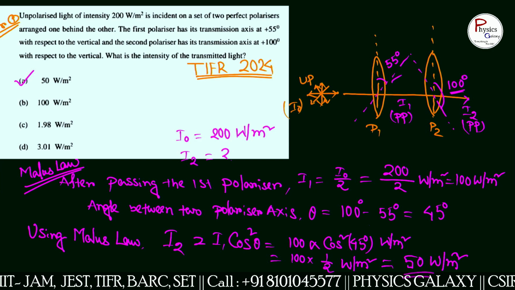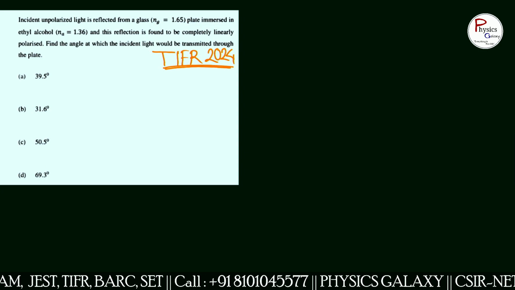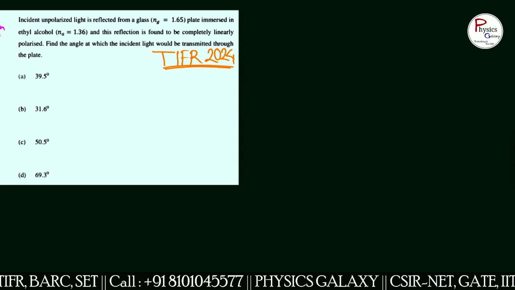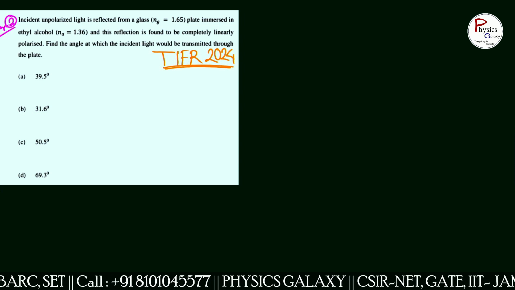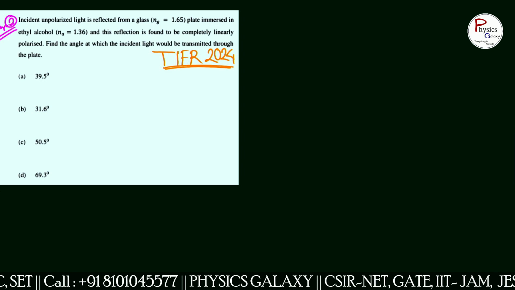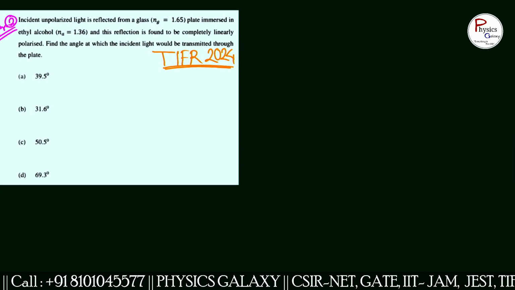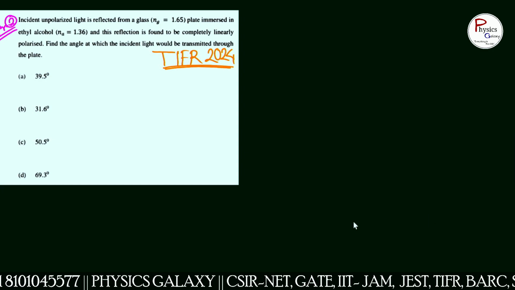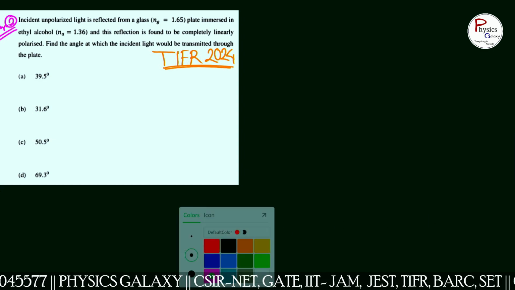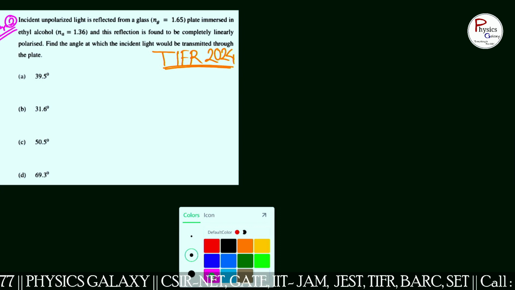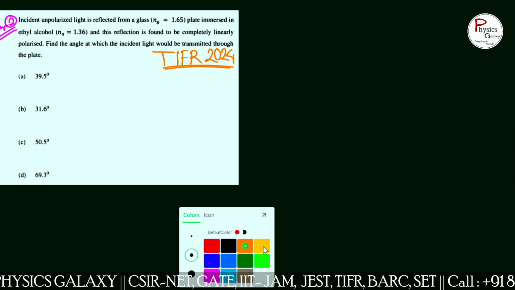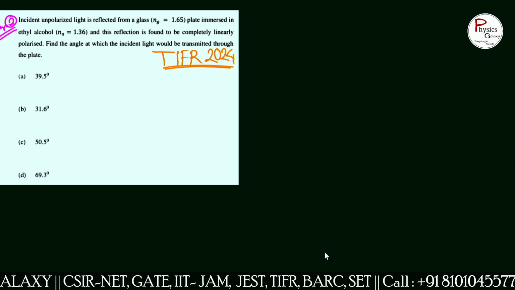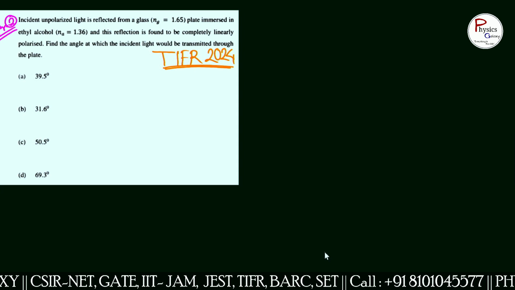Next, it is also from an EMT question, our problem 2. Here, an incident light is reflected from a glass plate which was immersed in ethyl alcohol, and the refractive indices of the two media were given, and we should find the angle of the incident light with respect to the transmitted ray through the plate.